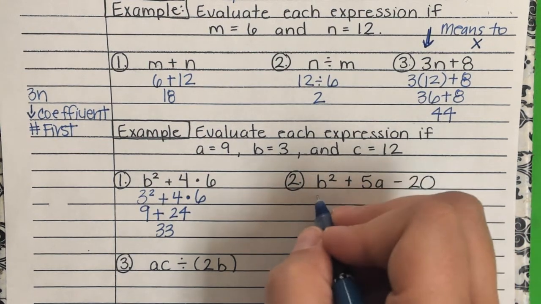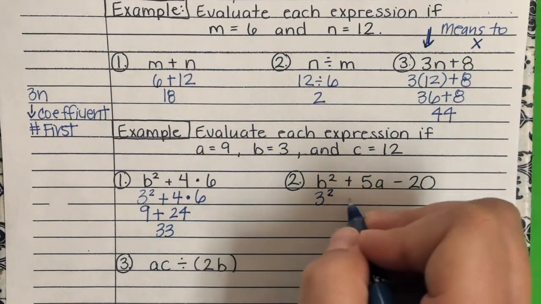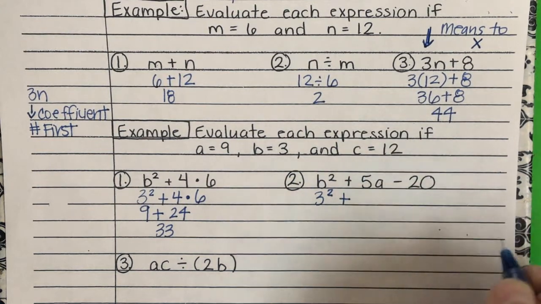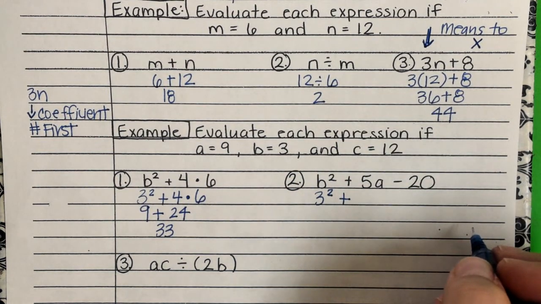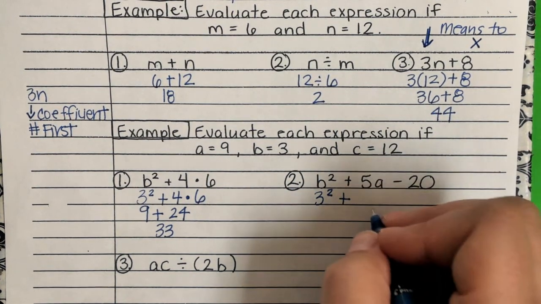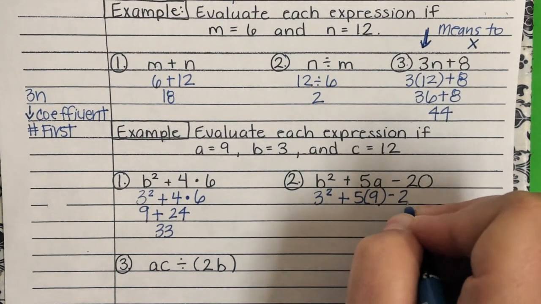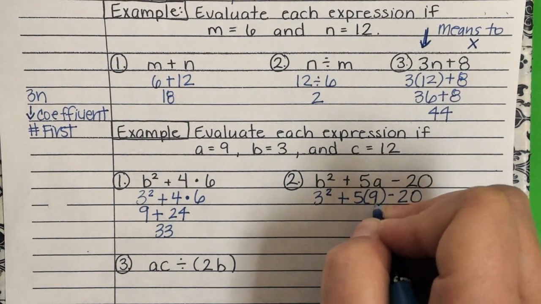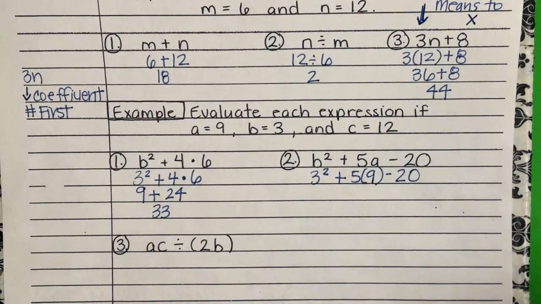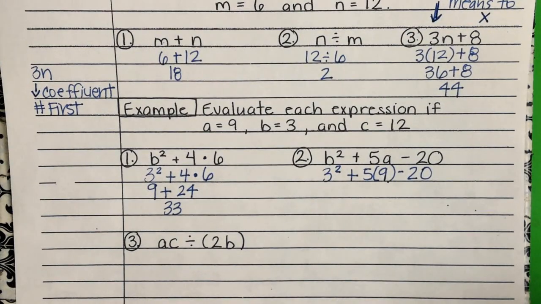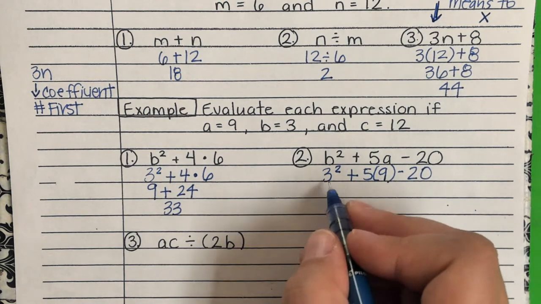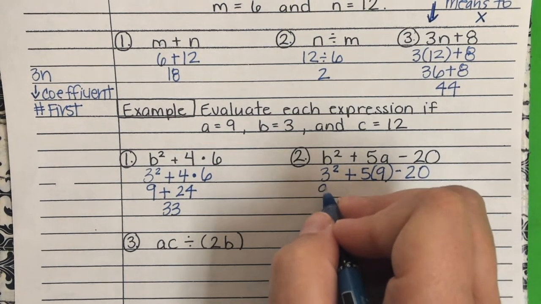So we've got B. Again, that's 3 to the second power. Plus, what does 5A mean? That's 5 times 9. Okay? Minus 20. Alright, so again, order of operations, what am I going to do first? Exponents, okay. 9.